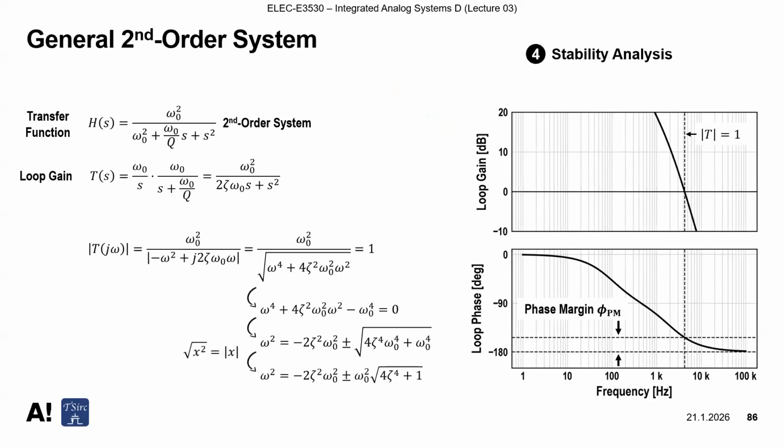And then we can actually take out the inner omega 0 square term here, right? So when we are taking the square root of the equation of x square, then we take absolute x. So absolute omega 0 square is just omega 0 square, because it is a physical quantity.